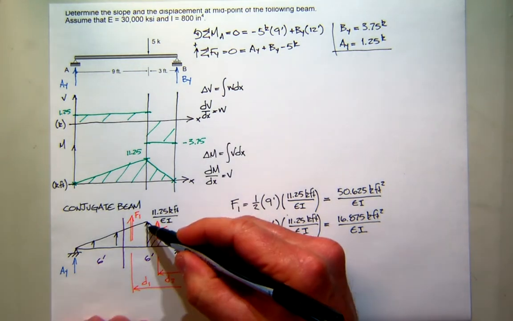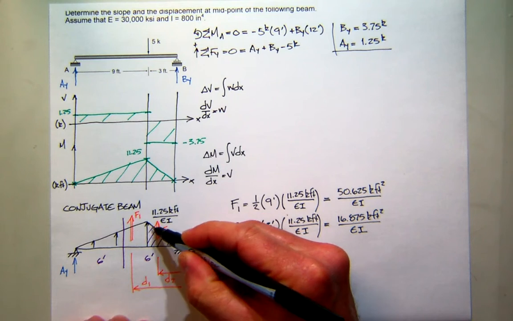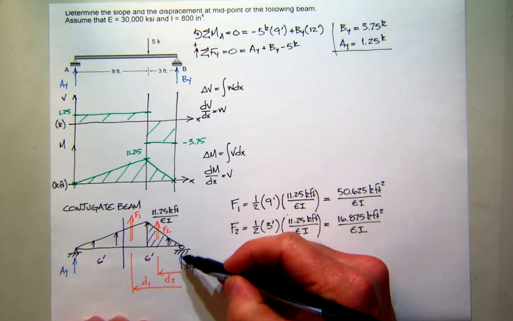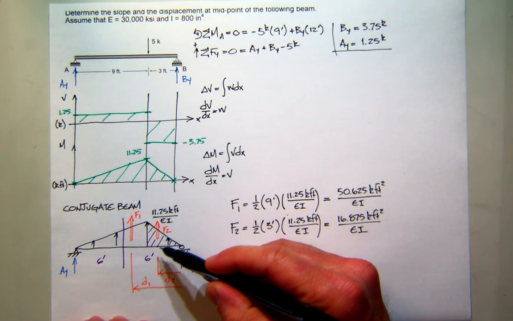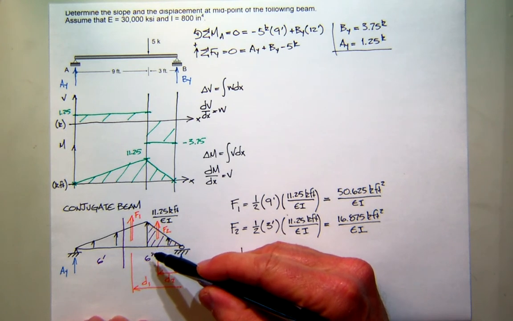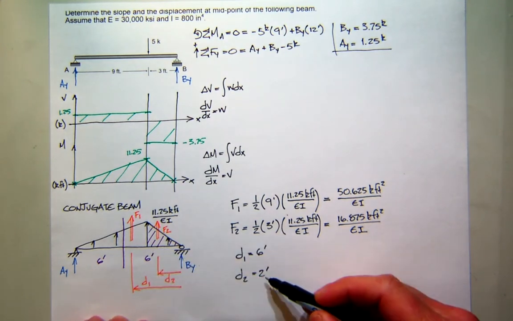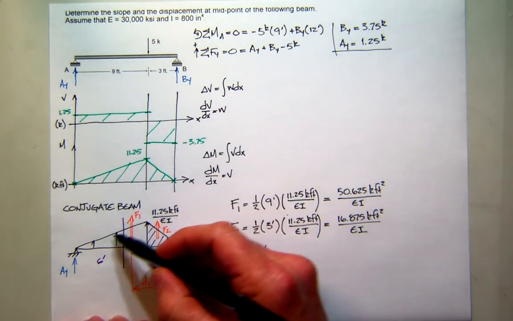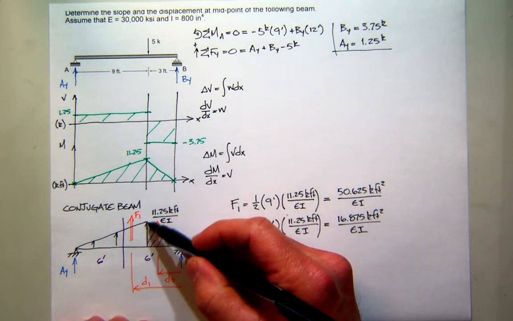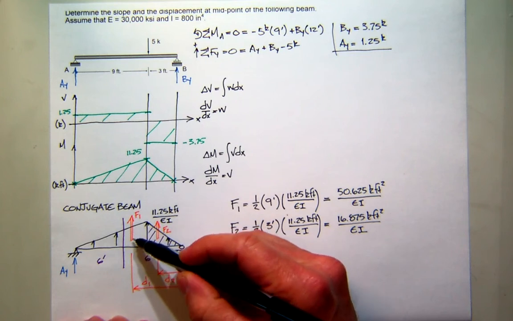Well, we want to find the centroid of this triangle referenced from B. Anytime we measure from the small end of the triangle, we know the centroid is 2/3 the distance, and 2/3 of 3 is 2. Now this one's a little trickier because from the tall side, we know that the centroid is 1/3 the distance.